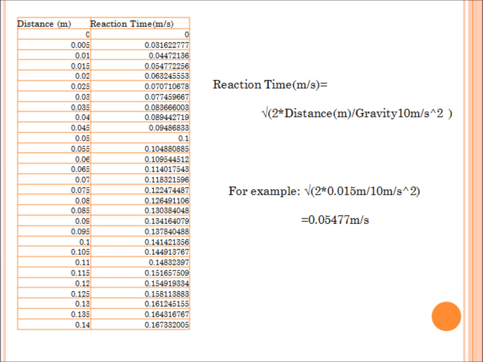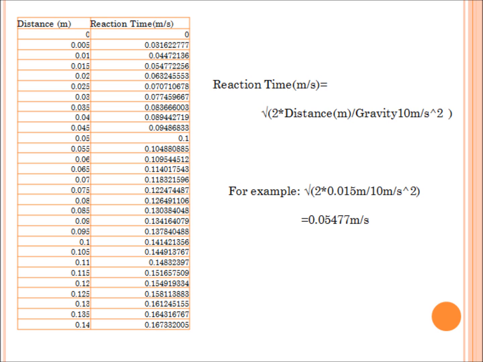As I showed in the last slide, reaction time is equal to the square root of 2 times distance divided by G. Here is the example. If a person catches the strip at 0.015 meters, the distance will be 0.015 meters. Then we plug 0.015 meters into the formula.